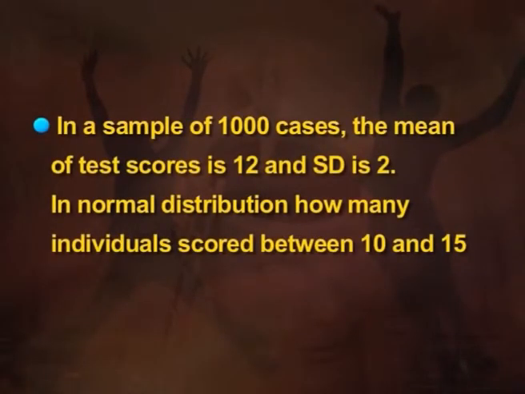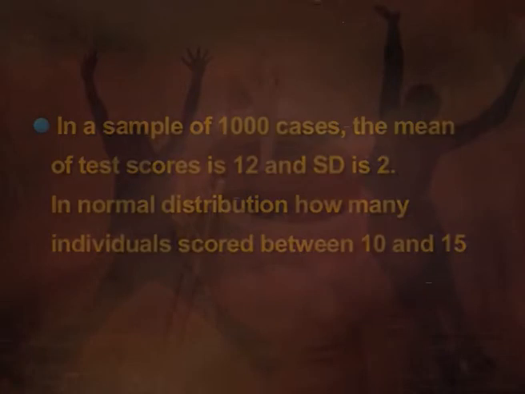Then we see how the Z score even helps us in finding percentages of scores, which can be determined by the following example. In a sample of 1000 cases, the mean of the test score is 12 and standard deviation is 2. In a normal distribution, how many individuals have scored between 10 and 15?